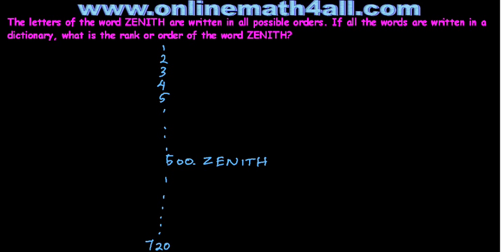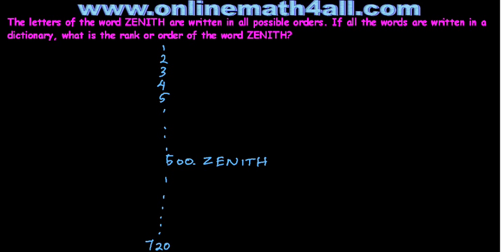First we find the total number of words which can be formed with the letters of the word zenith. Then we write all the 720 words in the dictionary, and zenith will be one of those 720 words. So where does the word zenith come as per the dictionary rule?